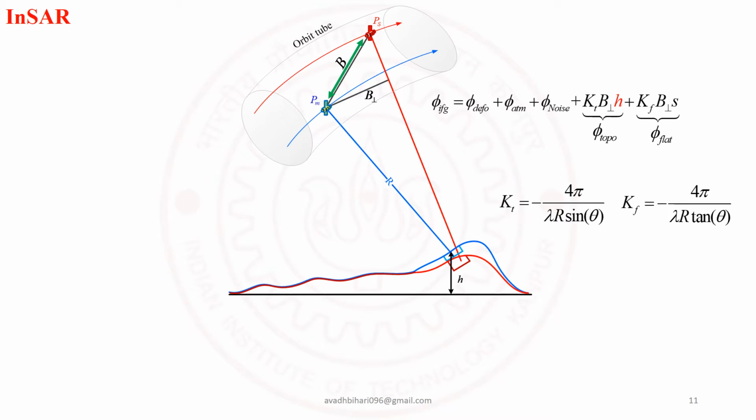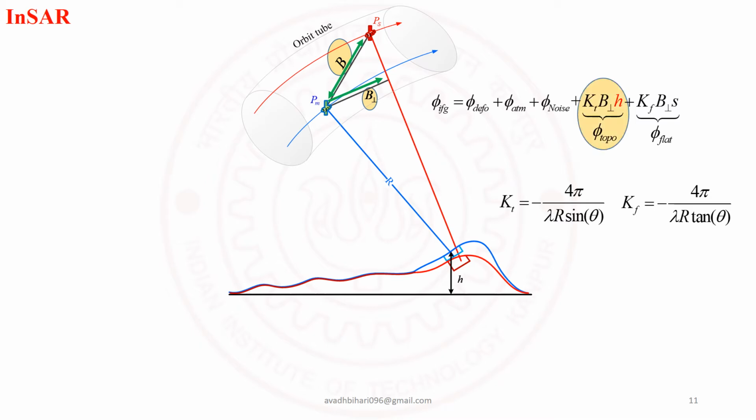This separation is called the baseline, and this one, B perpendicular, is called the perpendicular baseline. If you draw a perpendicular from the master satellite to the line of sight of the slave satellite, it is called the perpendicular baseline. Because of this separation B, two more phase components arise.